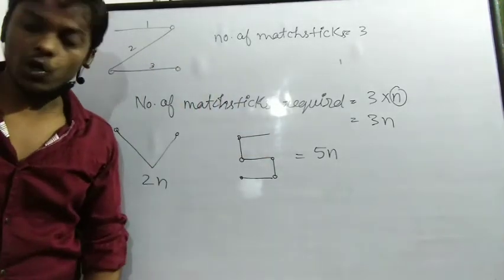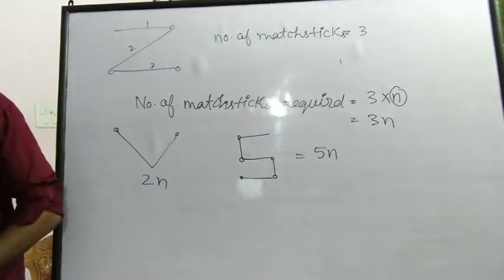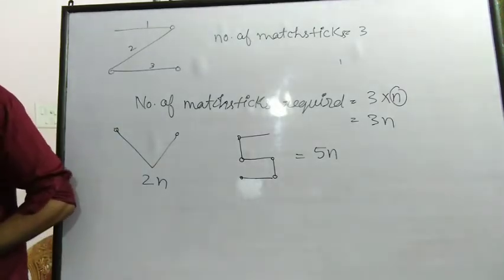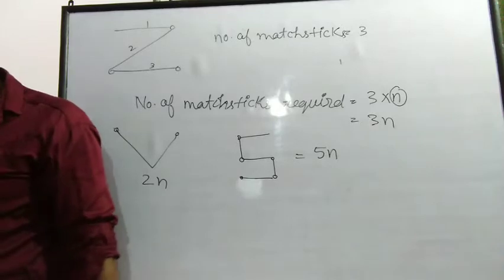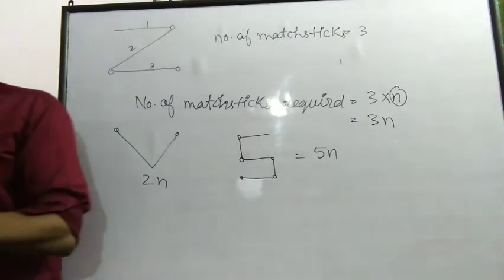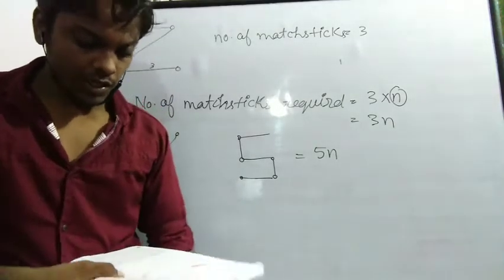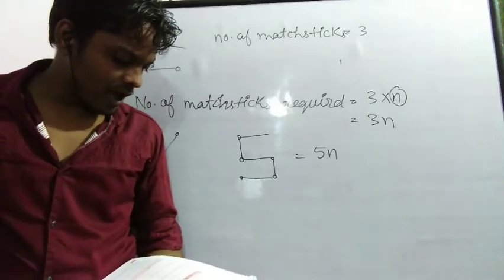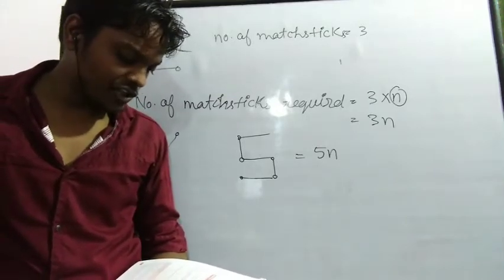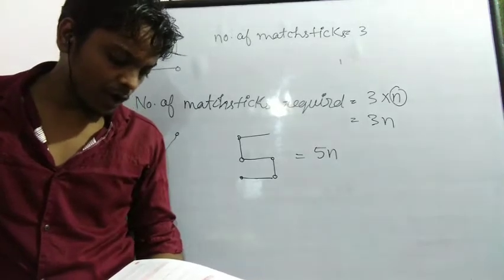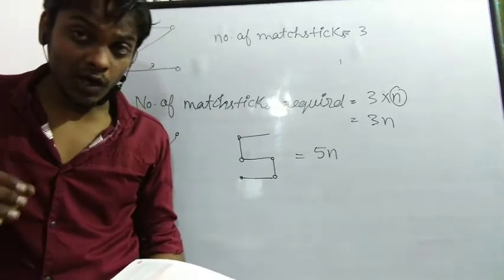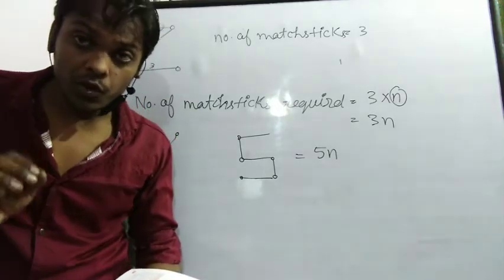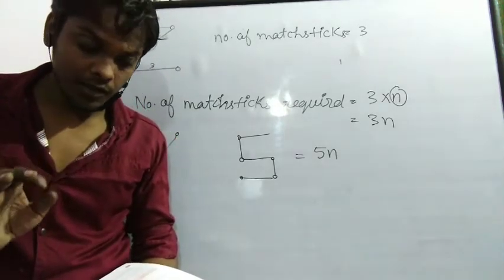Now we will move to the further questions, question number 2. Observe the following pattern of equilateral triangles made of matchsticks. Two neighboring triangles have a common matchstick. Find the general rule that gives the number of matchsticks in terms of the number of triangles. Are you getting a problem, beta?